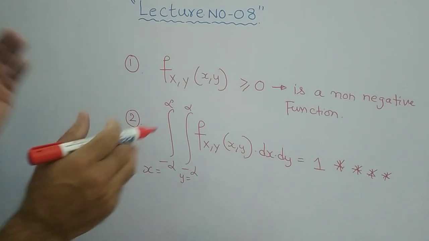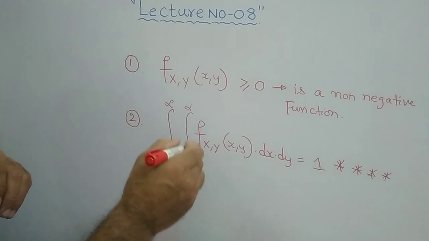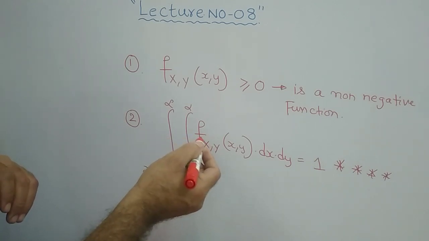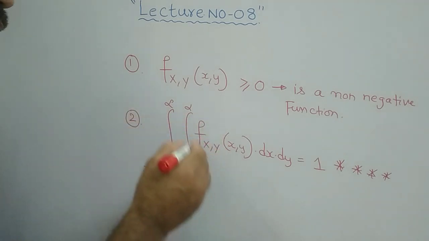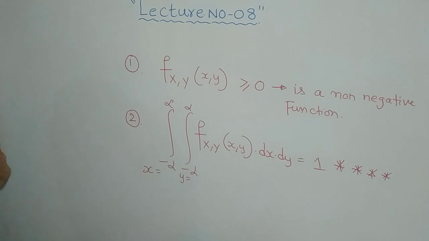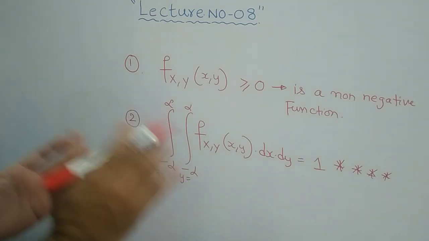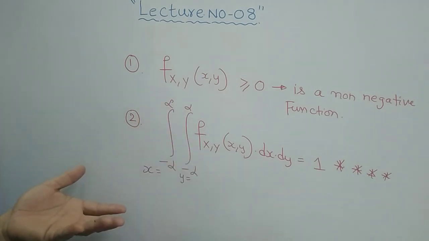What is the question? The density function will be given to you. Means either a single probability density function with respect to a single random variable, or sometimes the joint PDF is also given. Means f of xy will be given, and you will be asked to find out whether the given density function is a valid one or not.